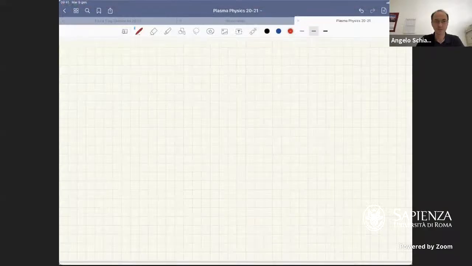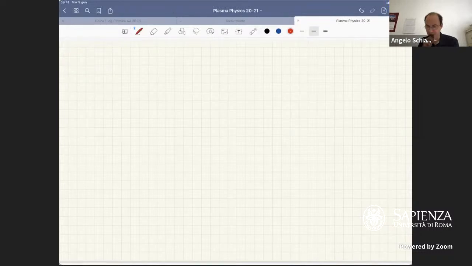I don't know for what reason the player was acquiring only half of the screen. Okay, now it seems to be better. And let me share the screen again with this one here. Okay, looks larger.